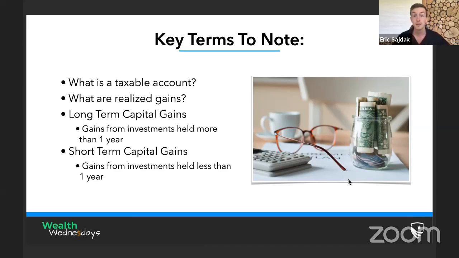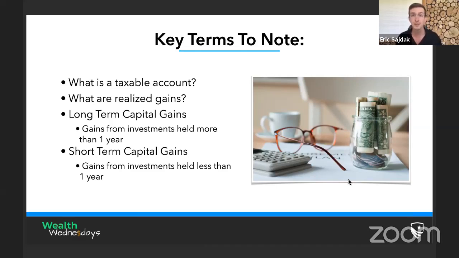Okay. If you've held that investment for more than a year, that realized gain is going to be what's referred to as a long-term capital gain. This is going to be the primary focus of today's presentation, talking through these bump zones that are created in terms of long-term capital gains. And this would be, again, gains from investments held more than a year. Gains from investments held less than a year are short-term capital gains.